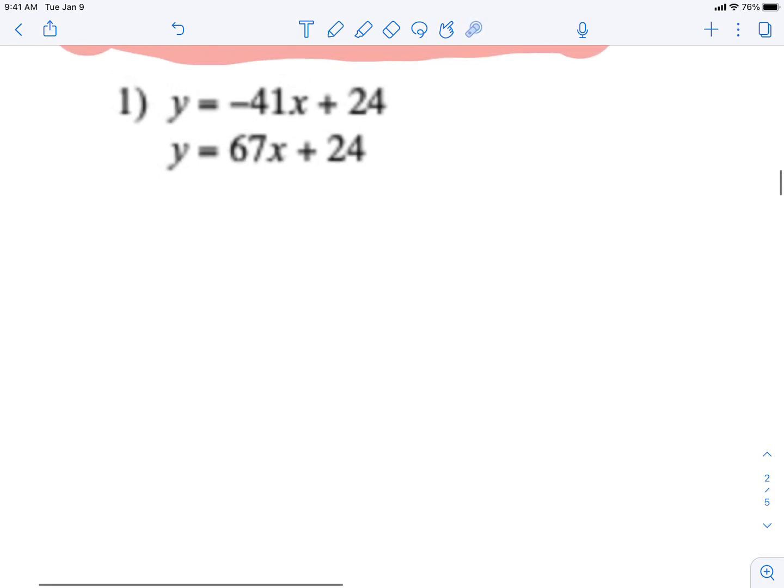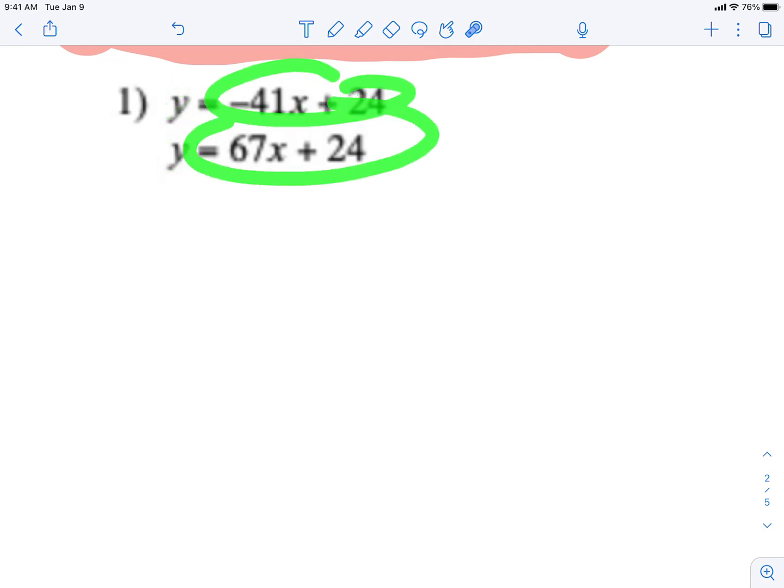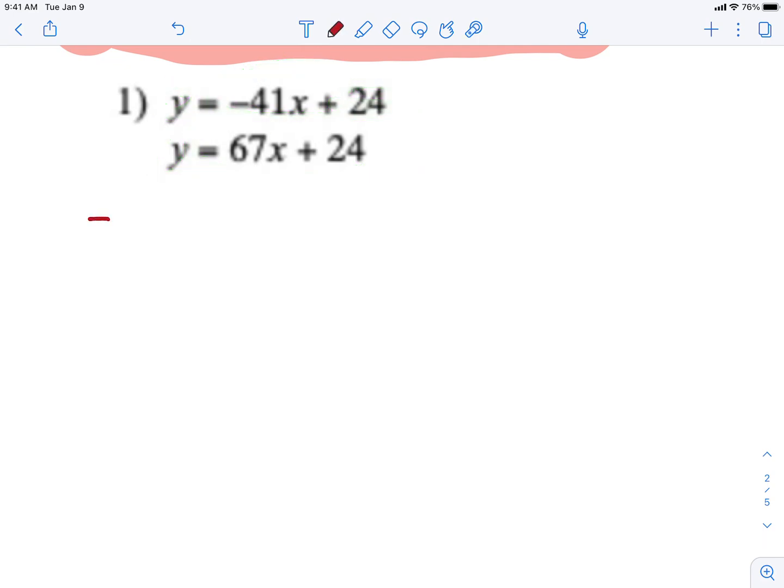Right? So as we know, since y is equal to y, then the right side is equal to the right side. So we're going to write negative 41x plus 24 equals 67x plus 24.